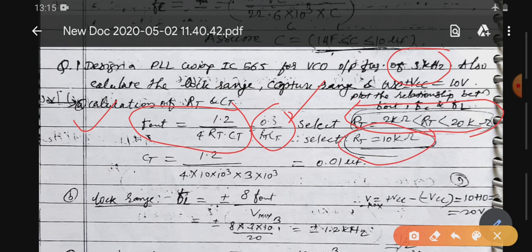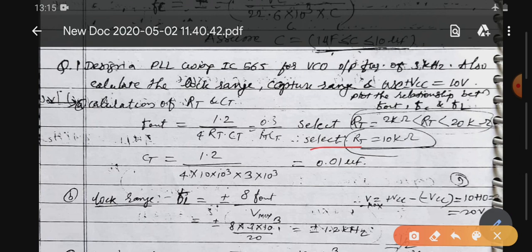Keeping the value, since the output frequency is given as 3 kilohertz, you will get the capacitor value CT as 0.01 microfarad. So only one formula you have to remember here, 0.3 divided by RT into CT. Assume the value of RT within this range and calculate CT if frequency is known.